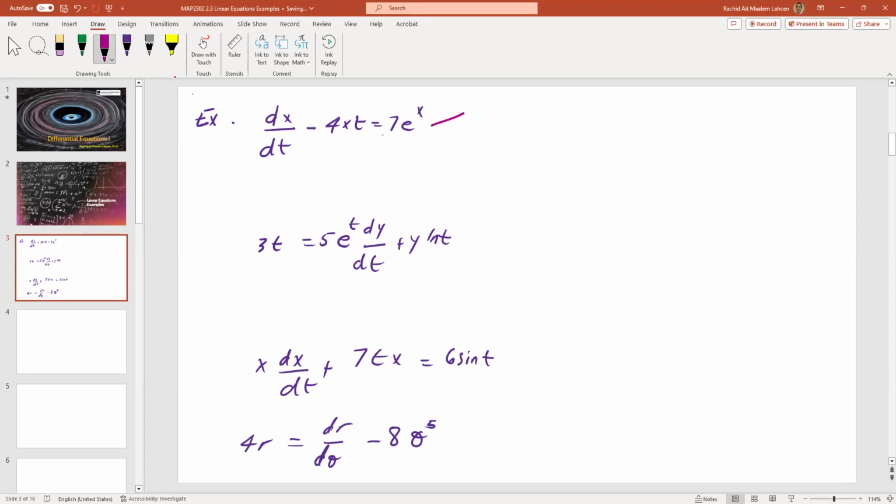So separable means I have the derivative equal to some function times another function. This, let's say, needs to be dependent only on x, and this needs to be dependent only on t.